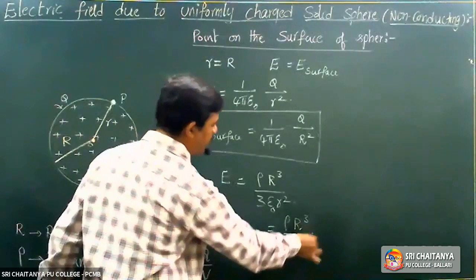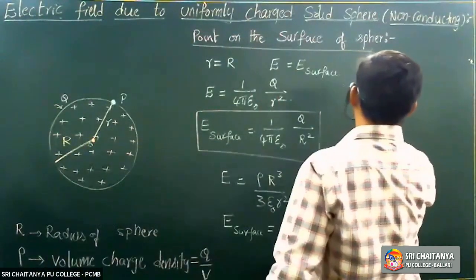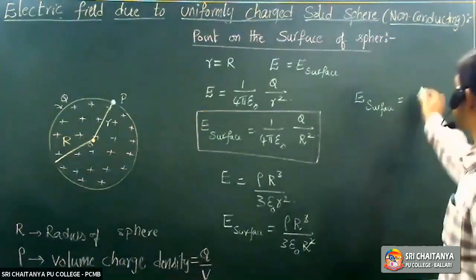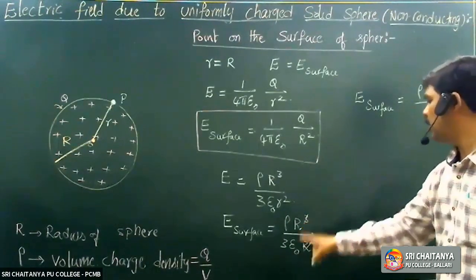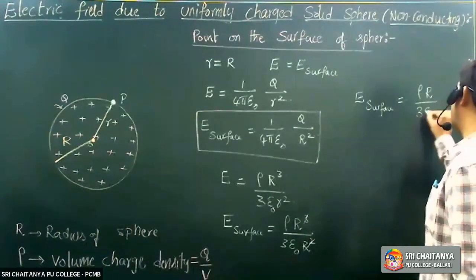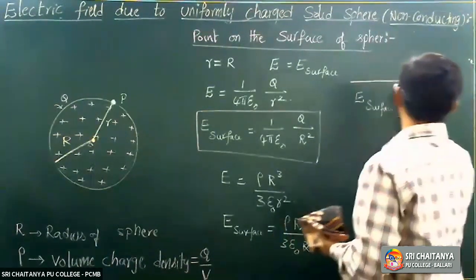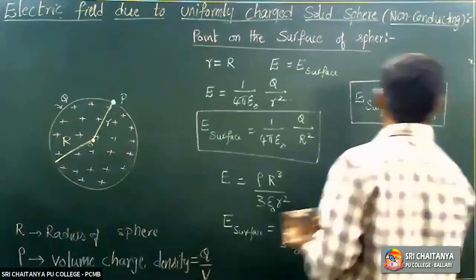R cube, R square. What remains? E on surface is rho R by 3 epsilon naught. This is in terms of volume charge density.